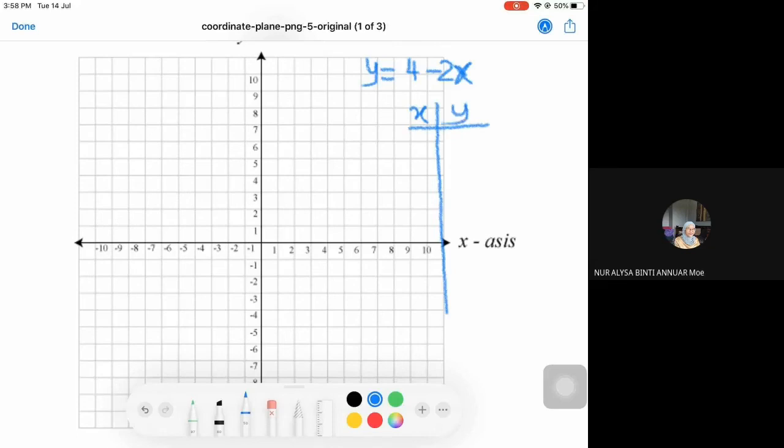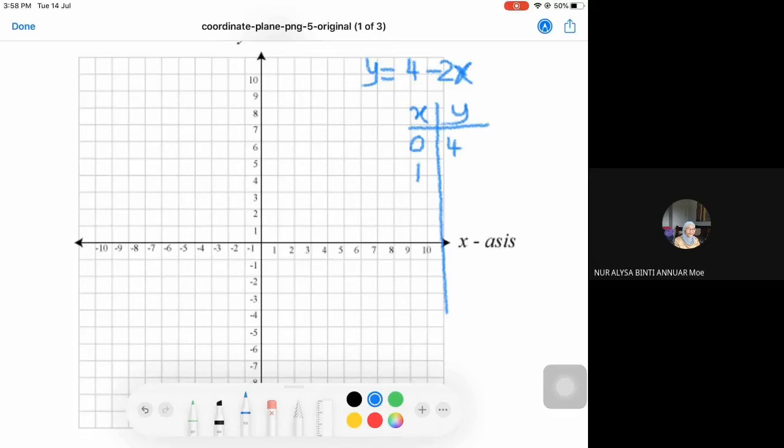Jadi let's start with the value of X 0. Kalau X 0, Y 4. Kalau X is 1, your Y is 2. 4 minus 2 times 1, 2 lah.